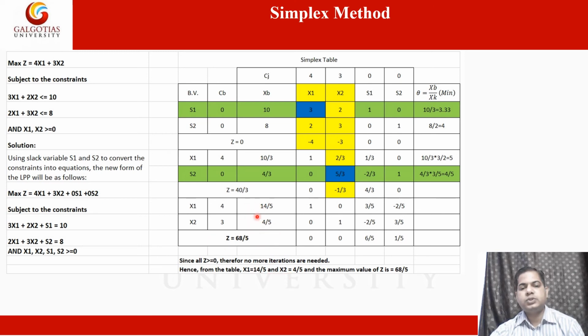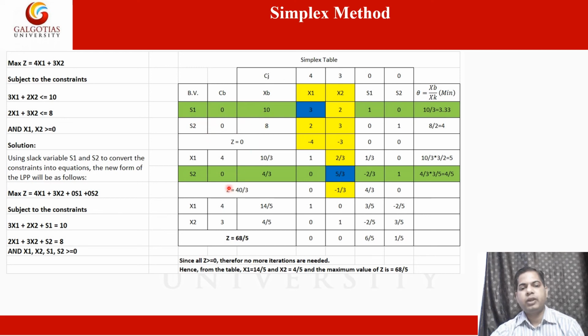When I put these two values in my objective function, this will give me 68 by 5. Now how do we say that there are three iterations and this z will be the maximum at the third one? We can find out the value of z at each and every point. Since the xb column is my solution column and these basic variables give me the solution, the column coefficient of cb multiplied by xb will give me the answer.